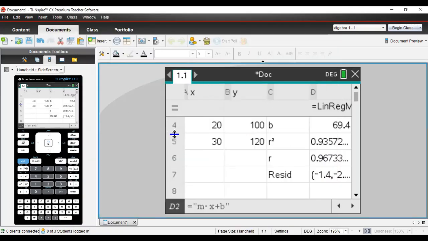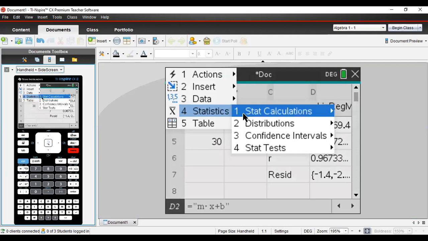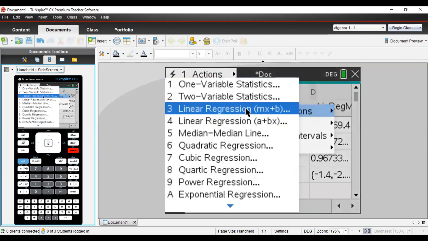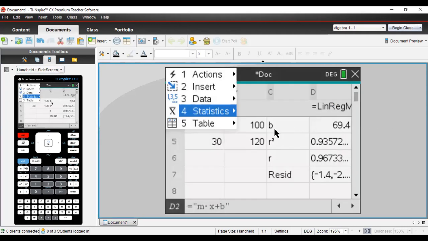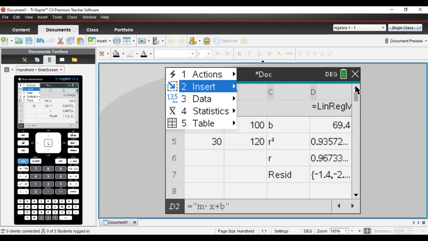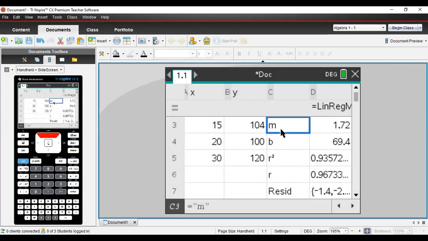Basically, once you put the data in, all you're going to do is use menu, statistics, stat calculations, and then choose option 3. It gives you the slope, which is 1.72, and the y-intercept, which is 69.4.